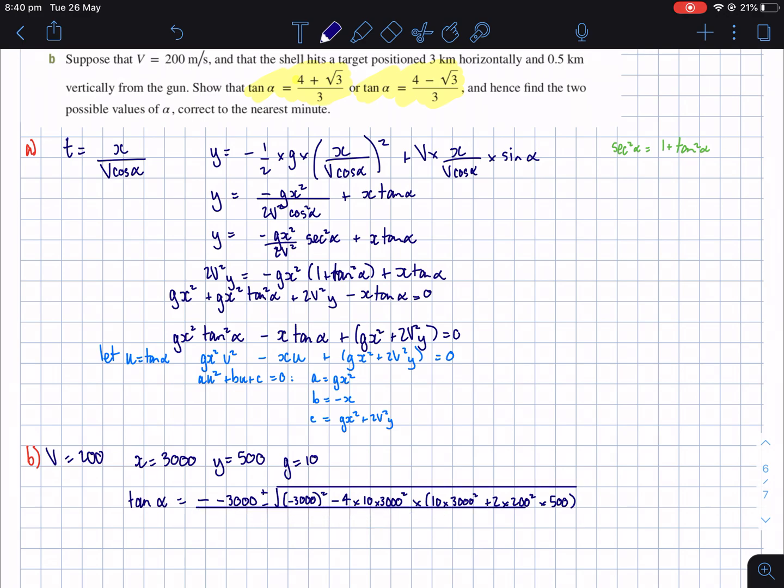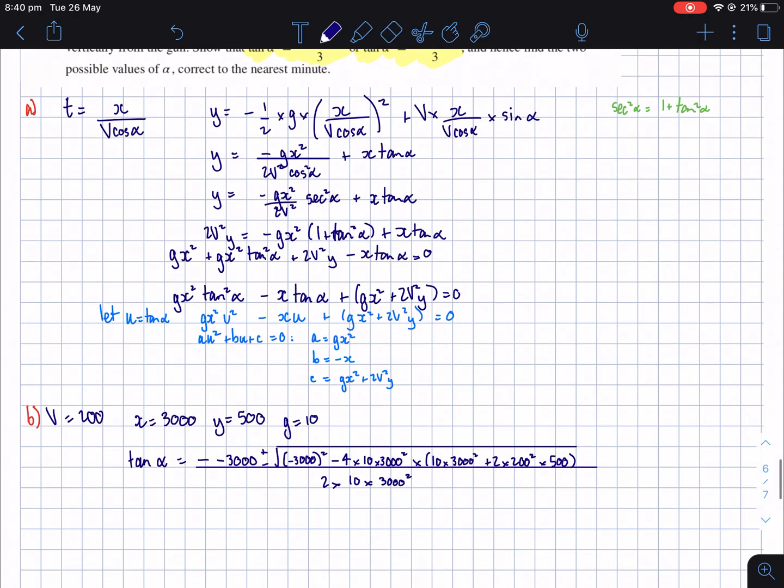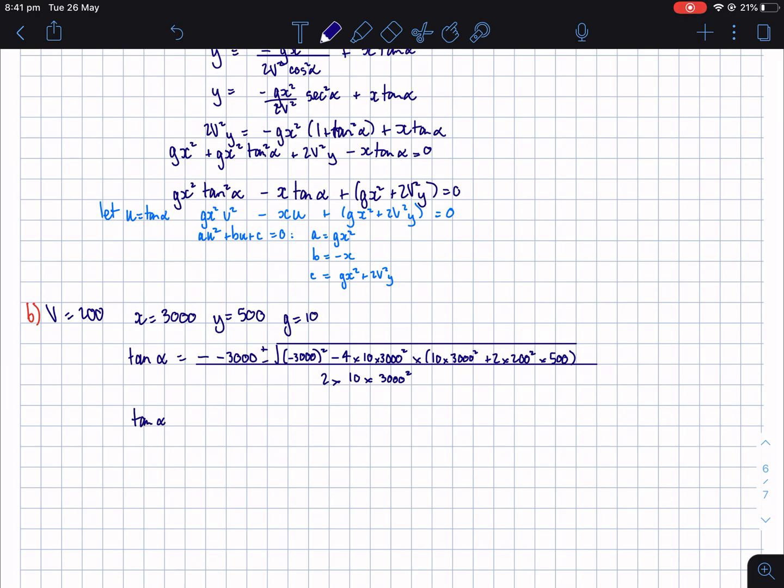I'm assuming a lot of this simplifies really nicely. I'm going to put that square root in my calculator.